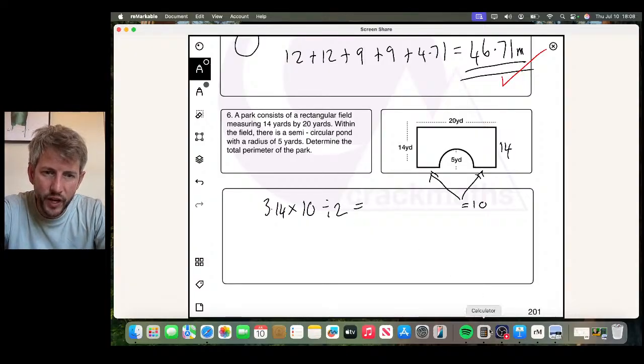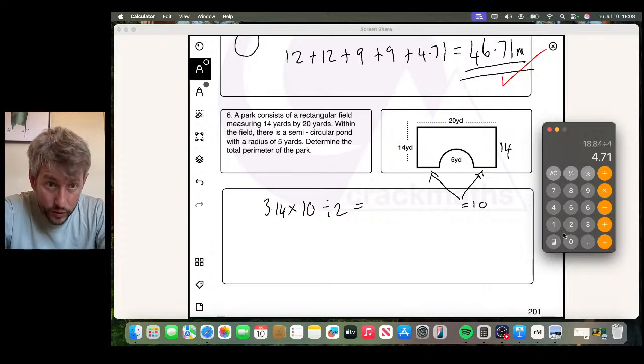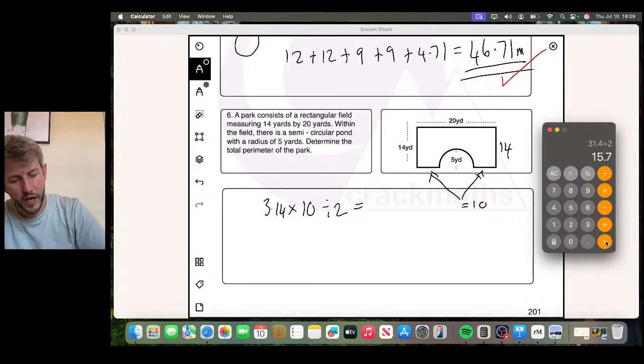So we've got 3.14 times 10 equals this, and then divide that by 2. So the curvy bit is going to be 15.7 yards. Then we can add everything up together.